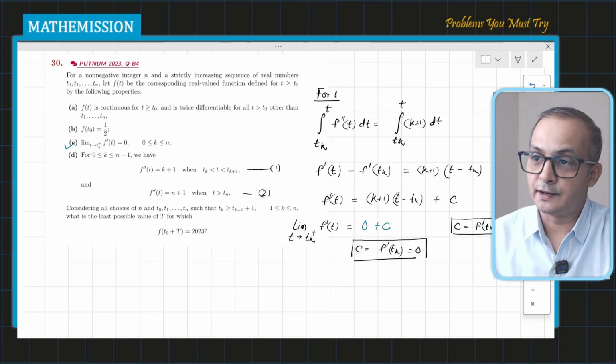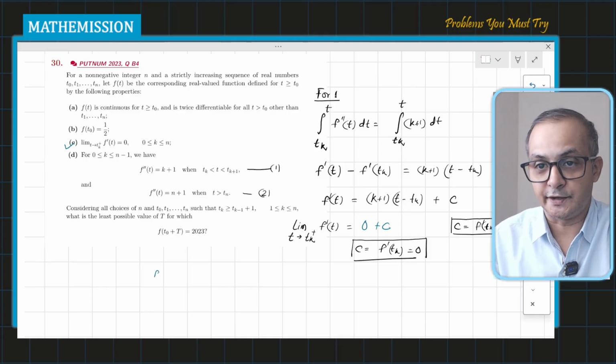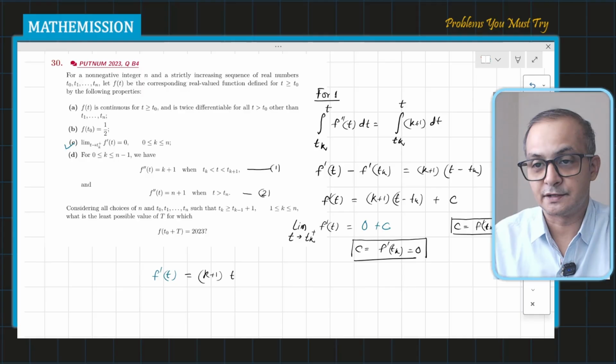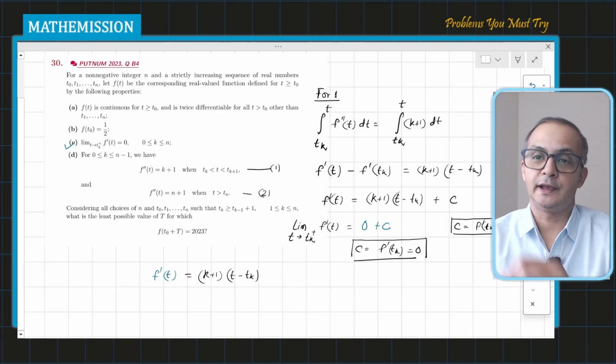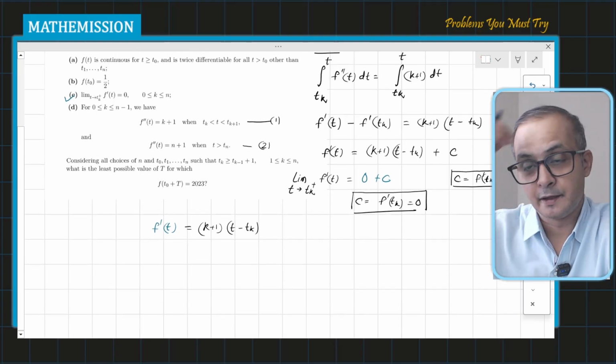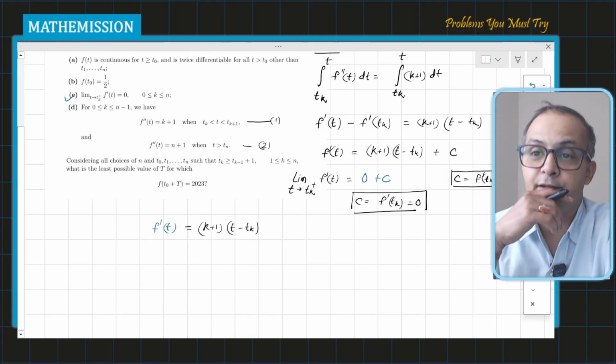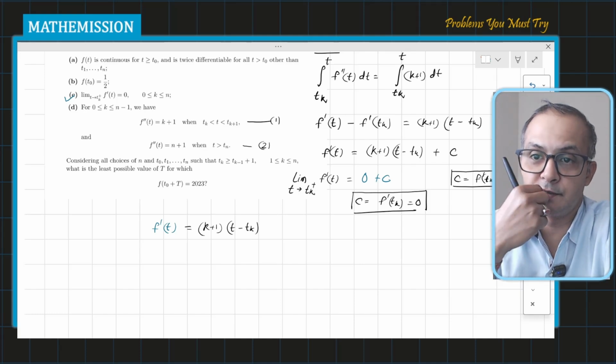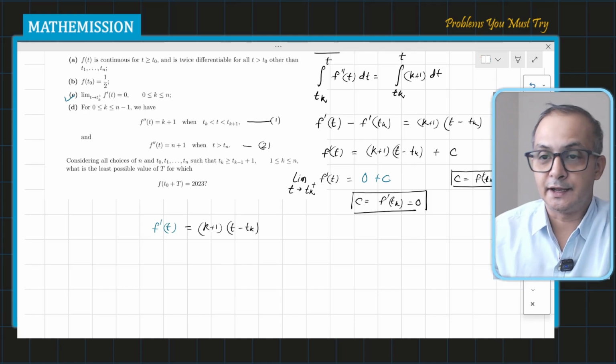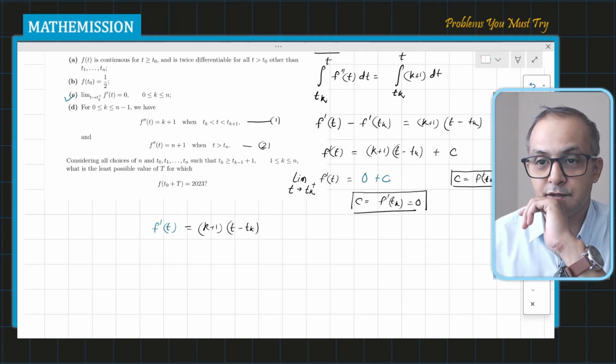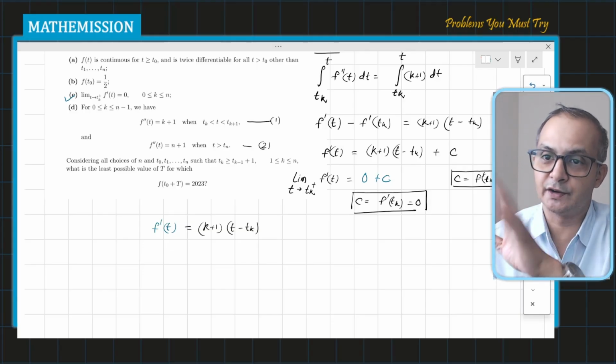So this will lead us to write f dash t in its updated version without c: f dash t is k plus 1 times (t minus tk). Now we have the first derivative known. We can integrate it, and after integration we get the function. But we have to do the integration in a wise manner, so let's integrate it and then I will explain.